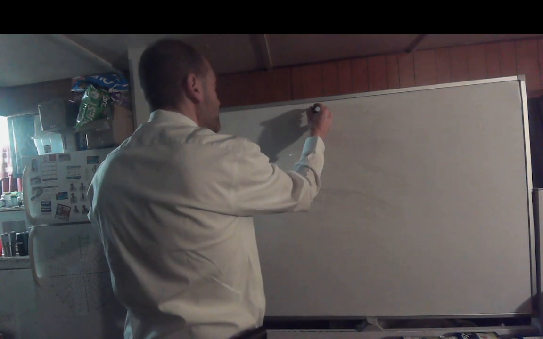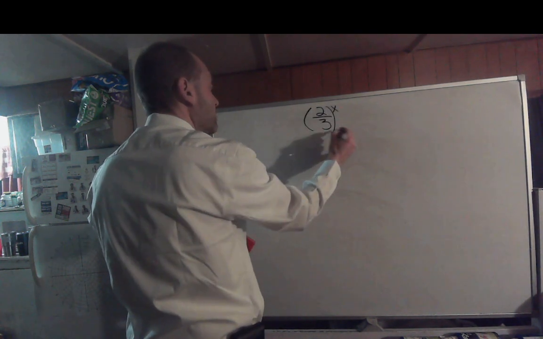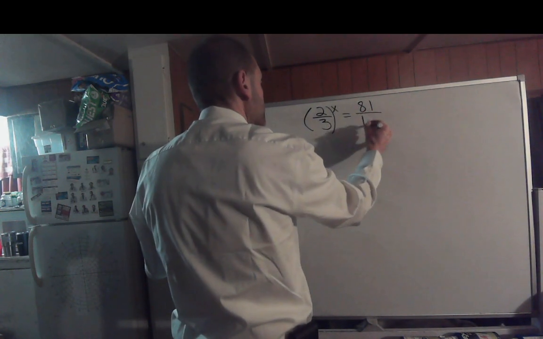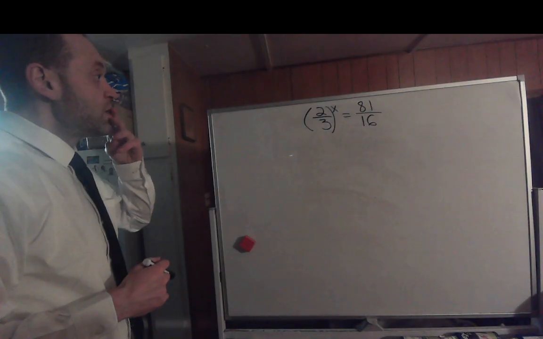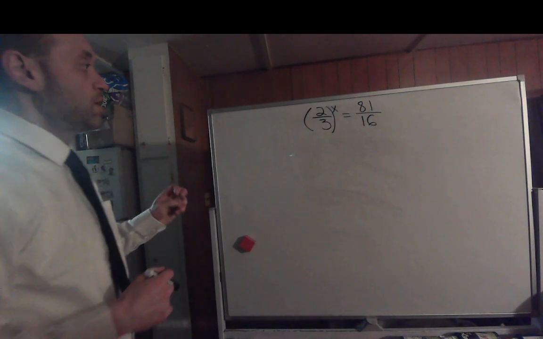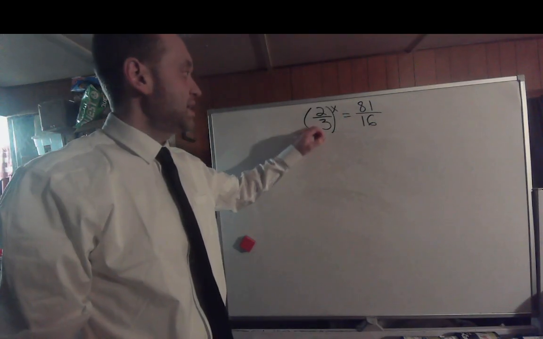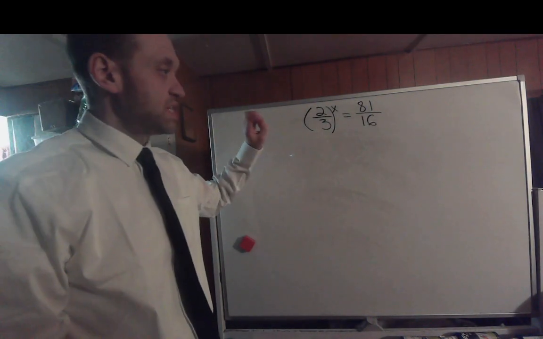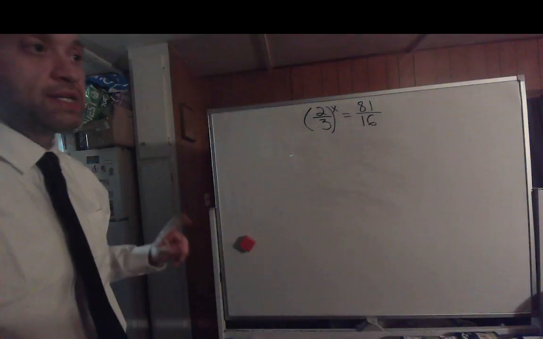Alright, so we have 2/3 raised to the x power is going to be set equal to 81 over 16. Well, what we have here, we know you can multiply 2 and get 16, 3 and get 81, but the problem with this is your respective factors of 81 and 16 are reversed from numerator and denominator.